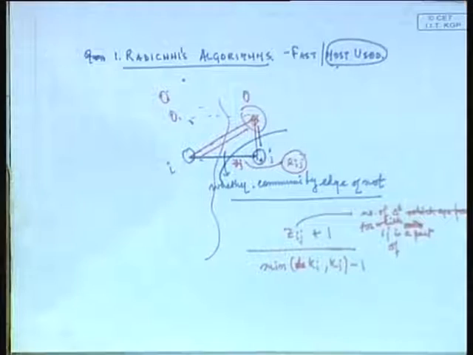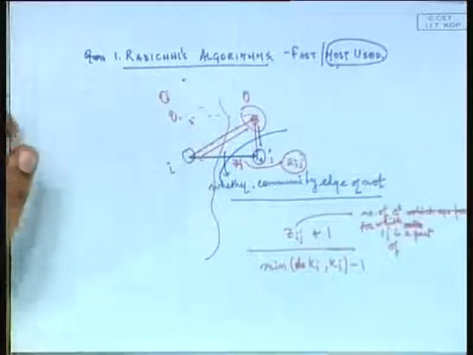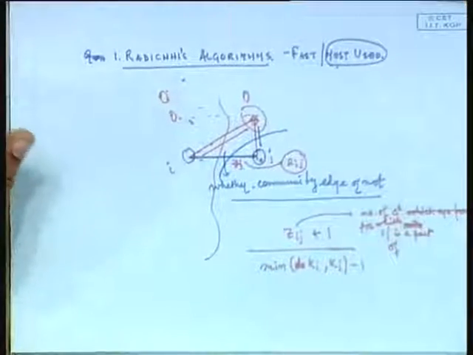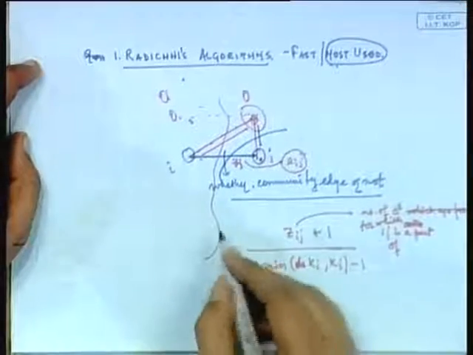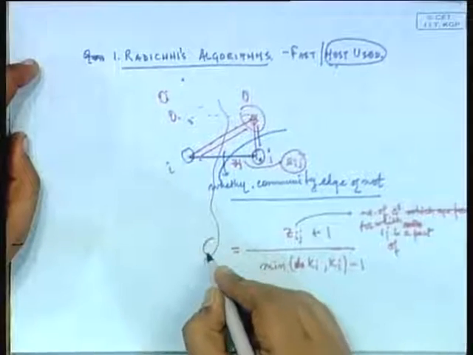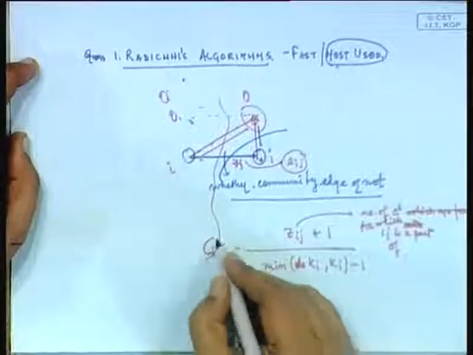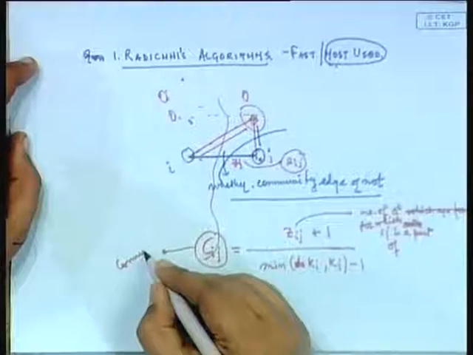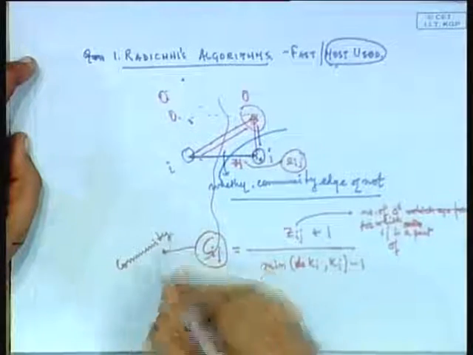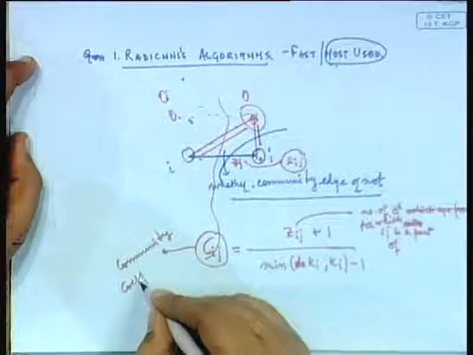If 0 triangles are formed, it is just 1 of this. So, this gives you what we call a community coefficient.